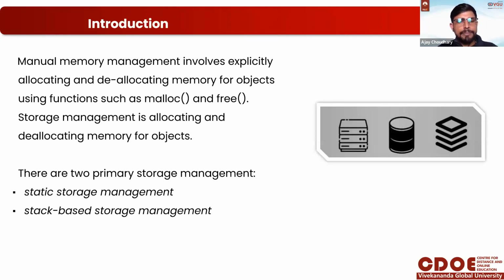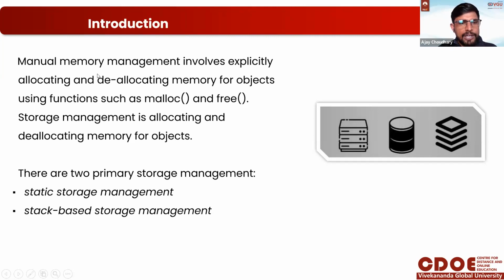Manual memory management means whenever we require some memory in our storage, like a hard disk or a database. For example, we have 10 books and we want to store them in a rack. So we first decide which part of the rack is free. Like that, we use some methodology, statements, and instructions to follow in our programming.